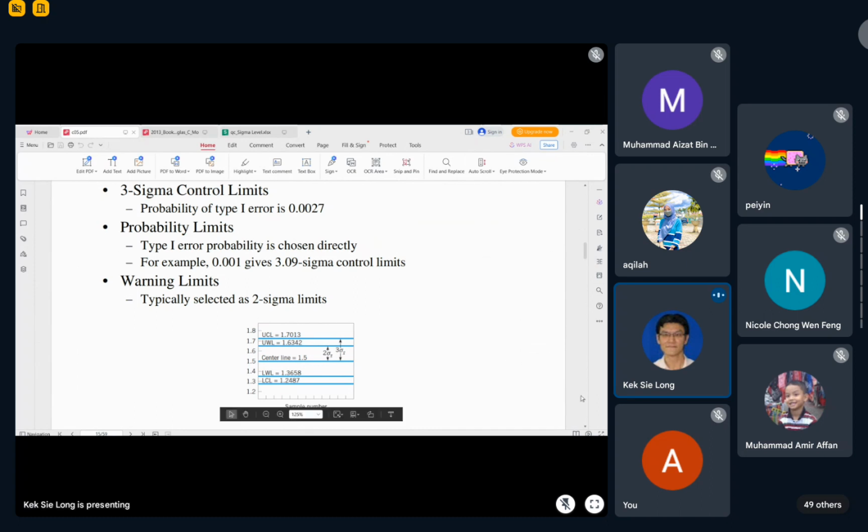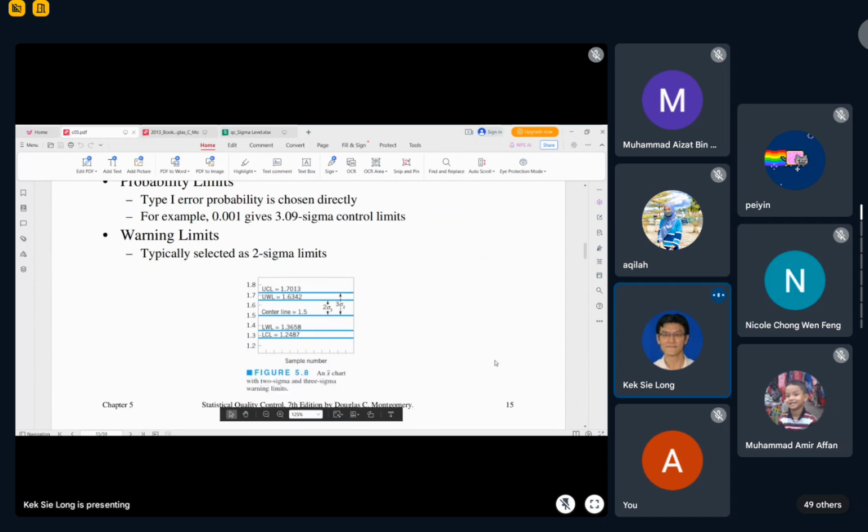So from the control chart, figure 5.8, I have mentioned to you, this warning limit tells us that there might be something happening in the process. Something might happen but has not happened yet. It's just from the data we collected.